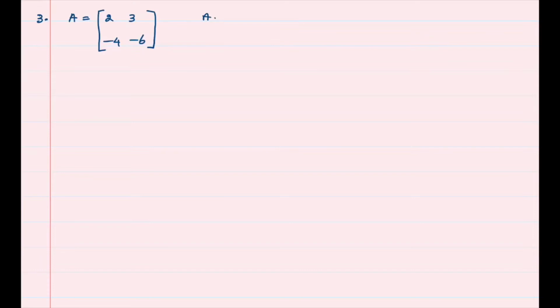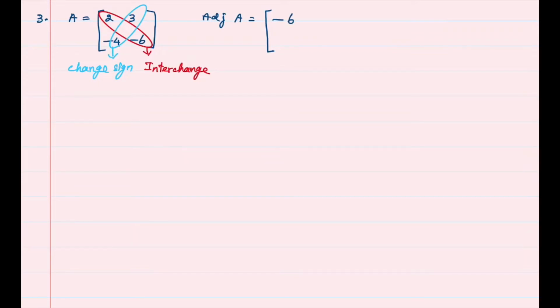We will find the adjoint, interchange the main diagonal elements and change the sign of the other elements. So we can write the adjoint directly, interchanging the main diagonal elements and changing the sign of the other elements. We got the adjoint.